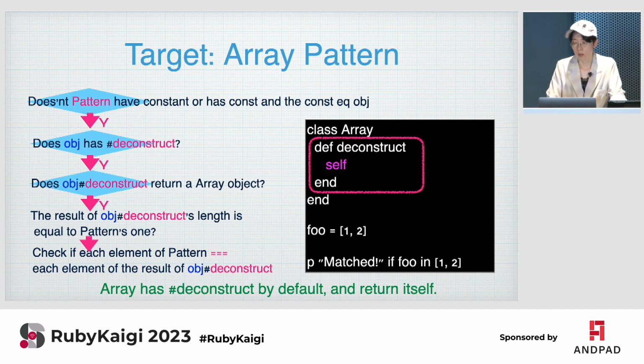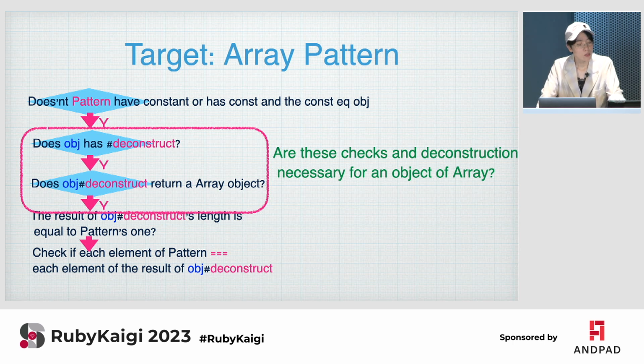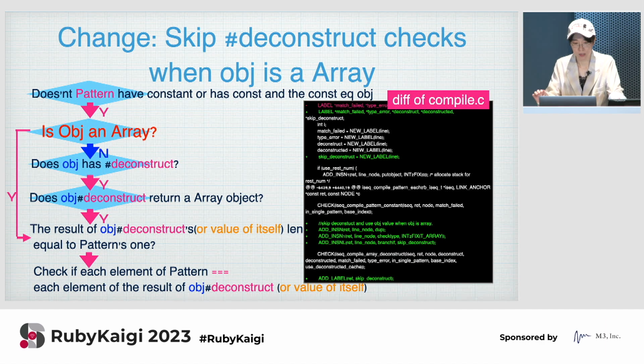So, as these checks and the deconstruction are unnecessary for an array object, my change is to skip the deconstruct checks and the deconstruction when the object is an array.